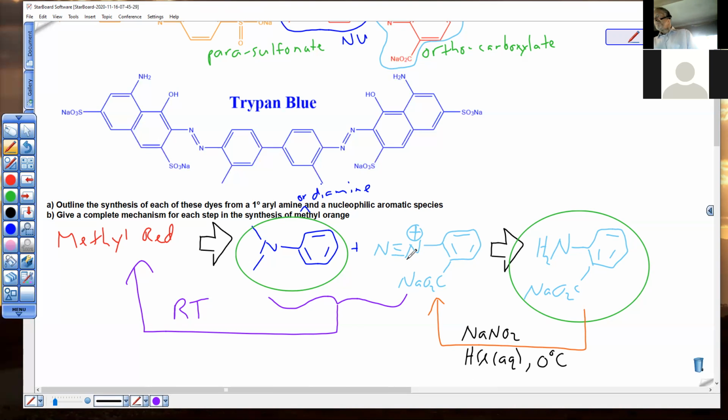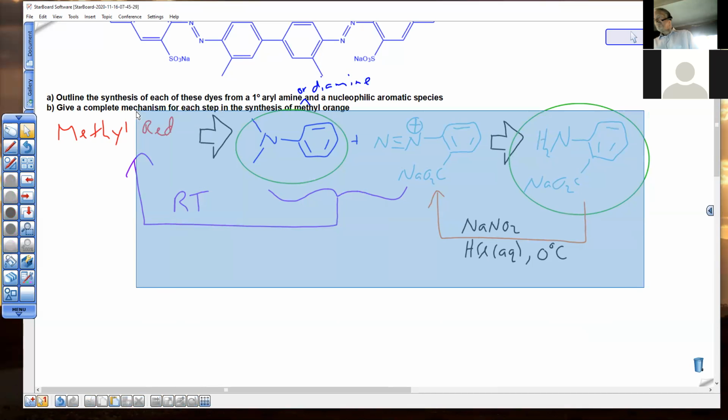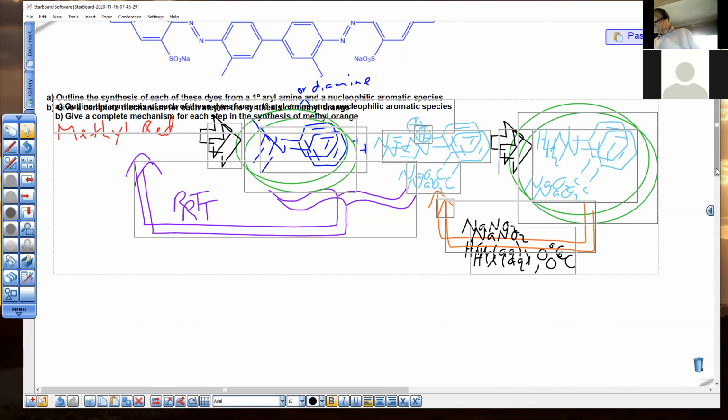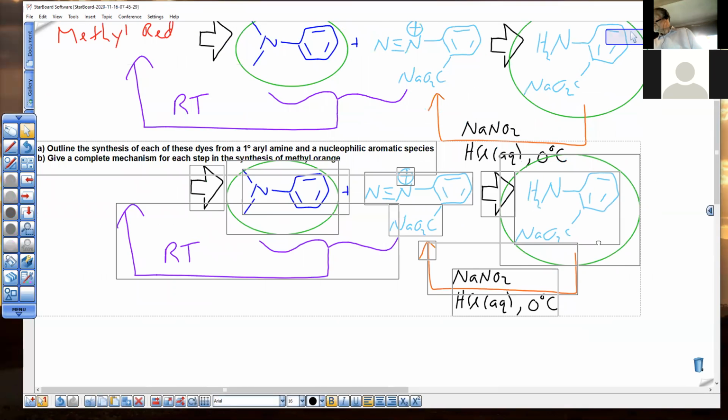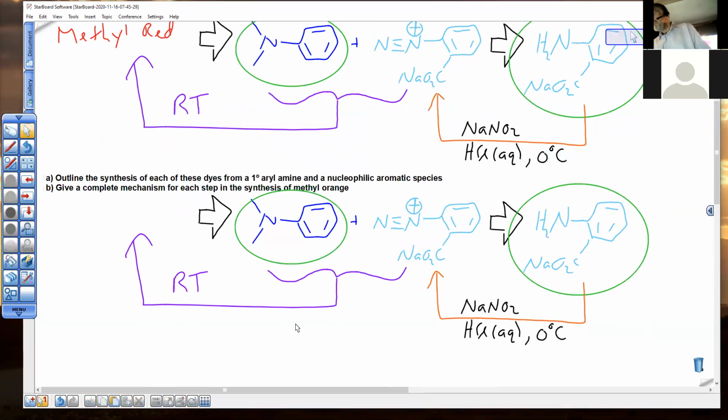Methyl orange, similar story. Let's see what we can steal. Yeah, I might have gotten a little too much, but that's okay. Just going to edit it. Methyl orange. I noticed they had very similar structures.